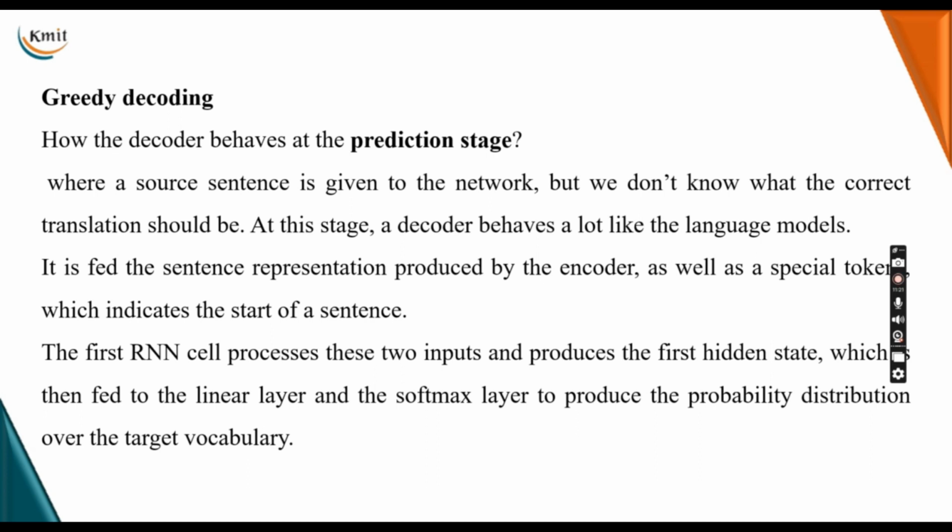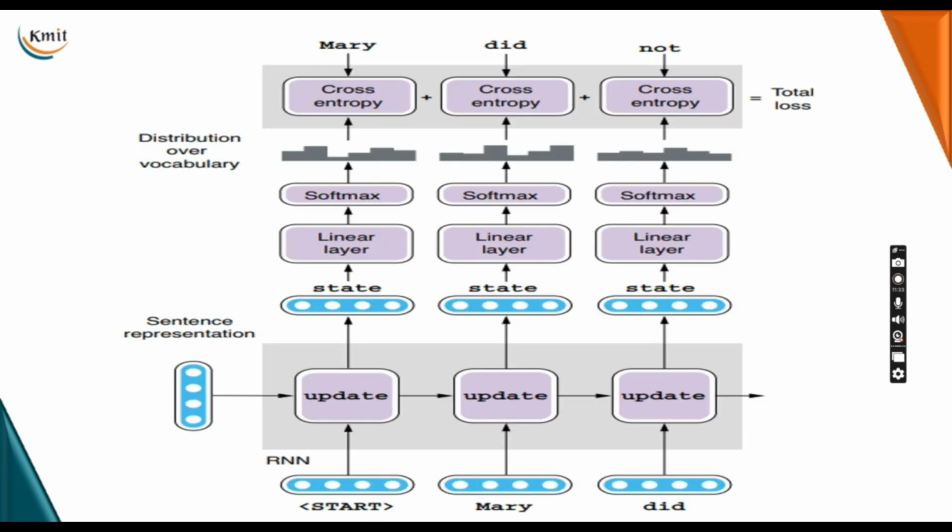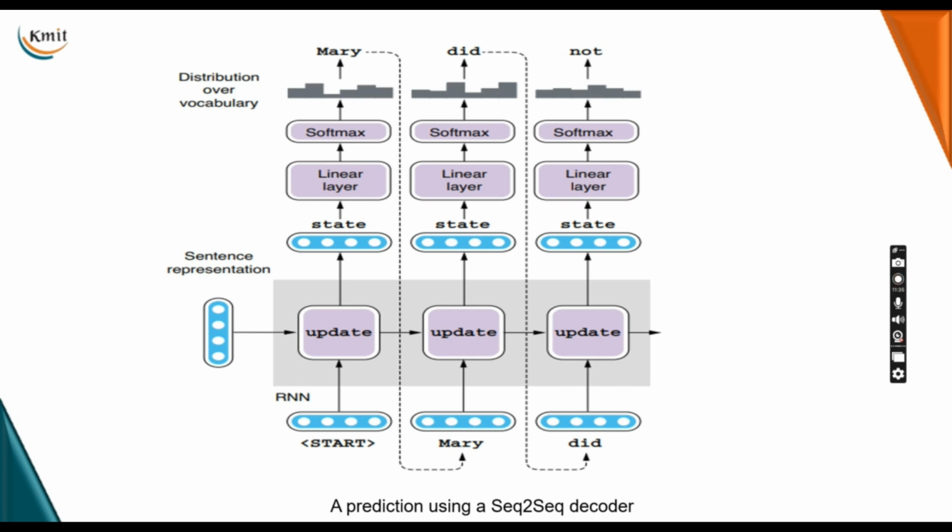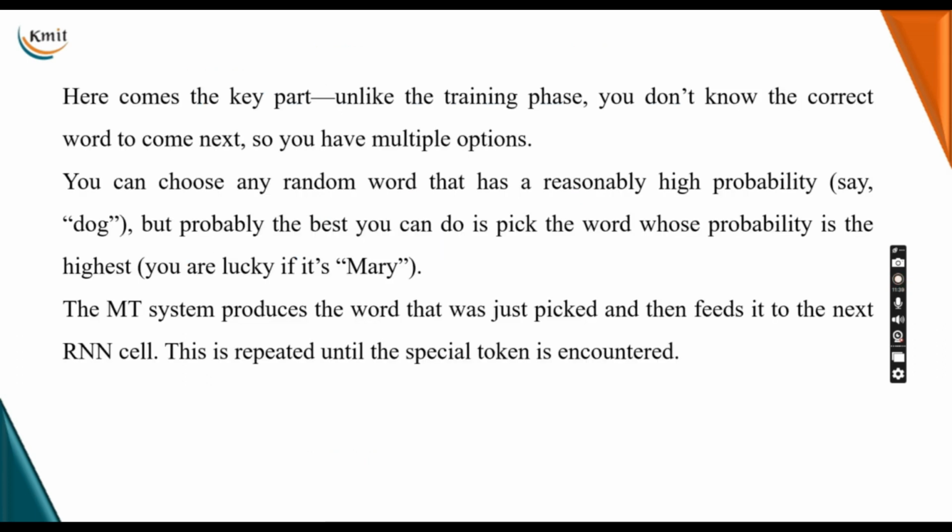It is fed with the sentence representation from the encoder along with the special token. Now, the first RNN cell processes these 2 inputs and produces the hidden state, which is then fed to the linear layer and the softmax to produce a probability distribution, as we have seen here. Now, this is how the prediction is done using a sequence to sequence model.